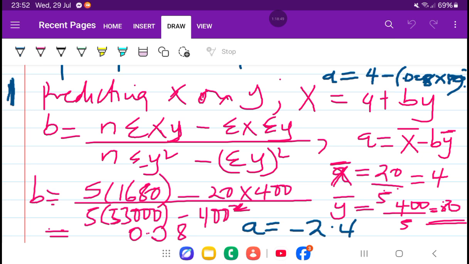So we substitute in this equation. We have gotten the a value, we have gotten the b value. So we substitute in the equation to get the equation of the line.